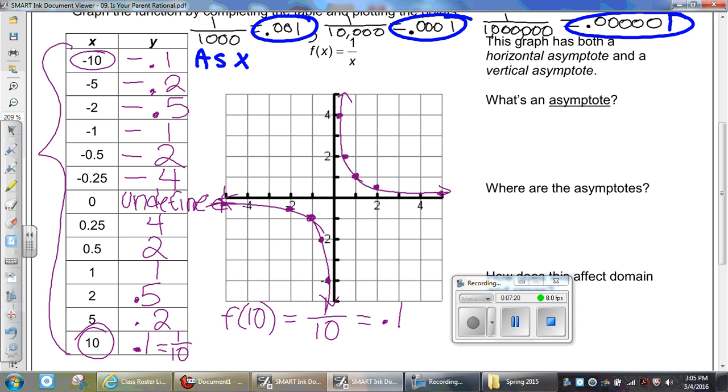As the x value increases, meaning it goes to infinity, it gets larger, right? Like we went 1,000, 10,000, and then a million. What's happening to our y values? They're decreasing, and they're decreasing to what?